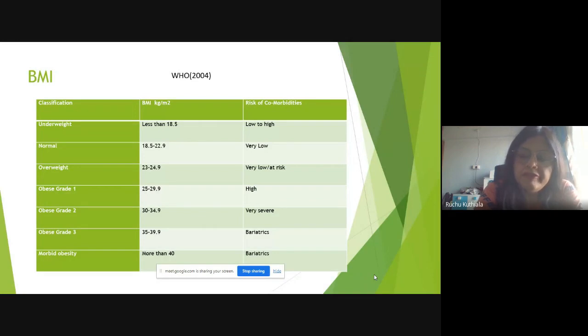Similarly, if the weight of the person is more than 10% and reaches near about 20% more than the ideal body weight, like in the example of 60, 20% of 60 comes out to be 12, that is 72 kgs.